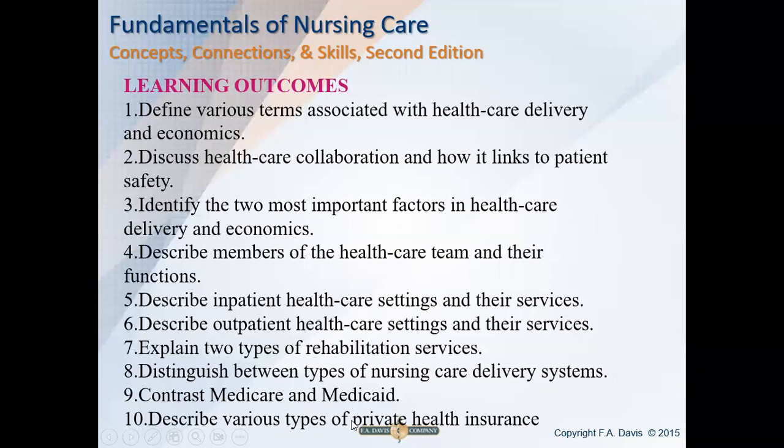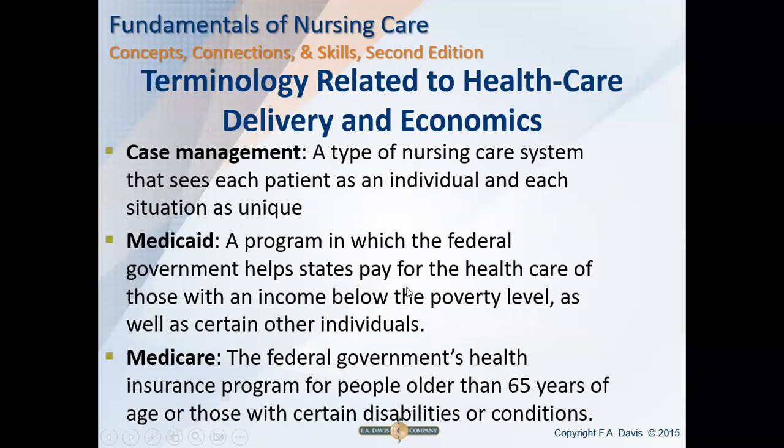Also describe the various types of private health insurance. First of all, here we are going to discuss a little bit about case management, Medicaid and Medicare. So, terminology related to healthcare delivery and economics.